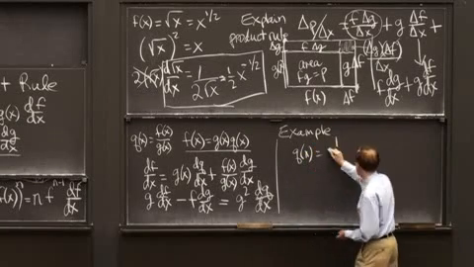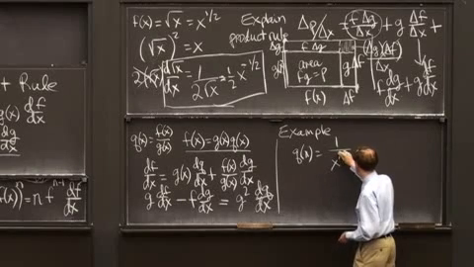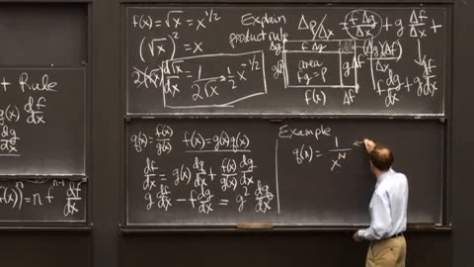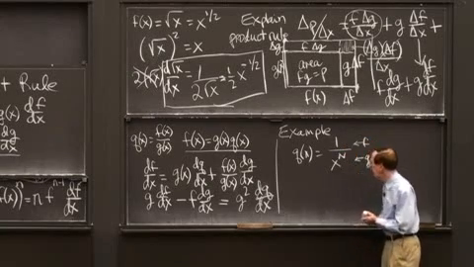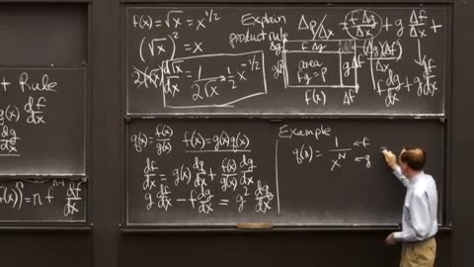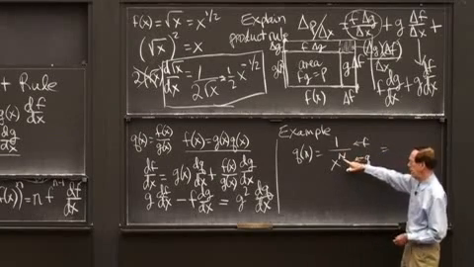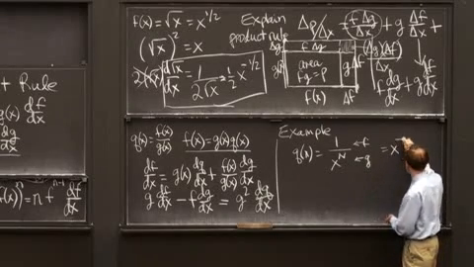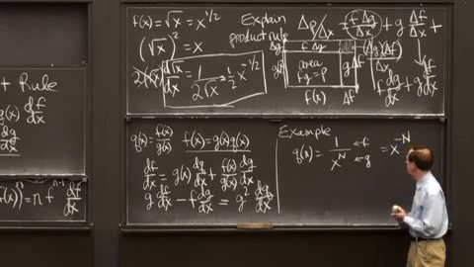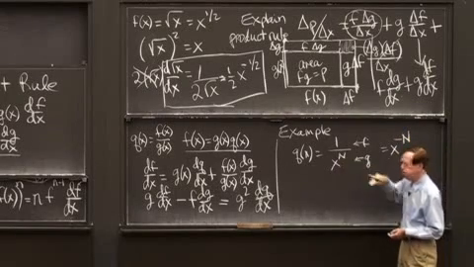The f of x will be 1, and the g of x. So this is my f. This is my g. I have a ratio of two things, and this is, as I've said, x to the minus n. Right? That's what we mean.